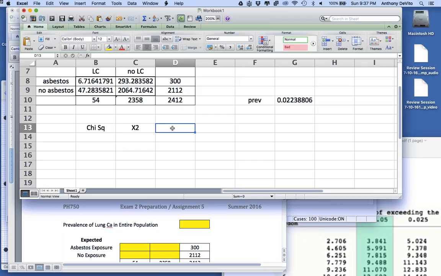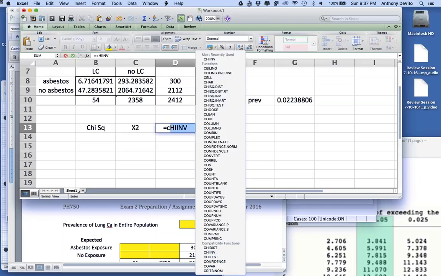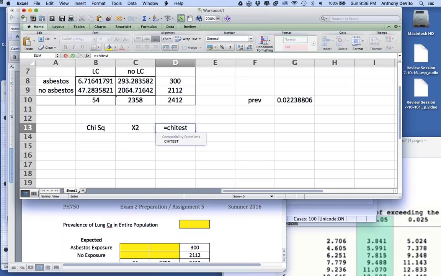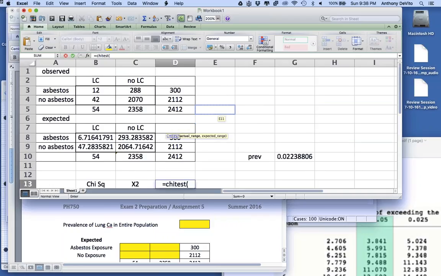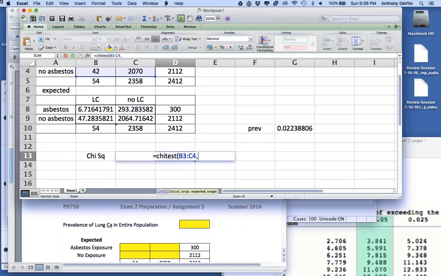In fact, Excel has a function for this, equals CHITEST, parentheses. I'm going to use that instead of going through that rigorous calculation. Actual range, expected range. The actual range is these four boxes, we'll put a comma after that, and the expected range is these four boxes. It's doing exactly the calculation I just described and that we did in class previously.